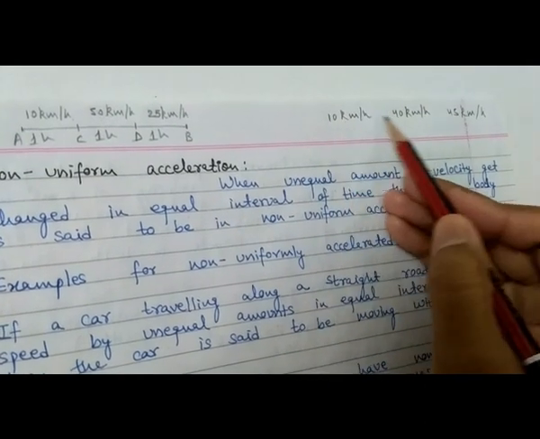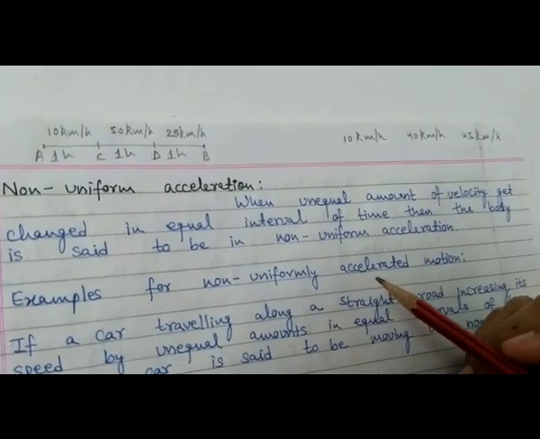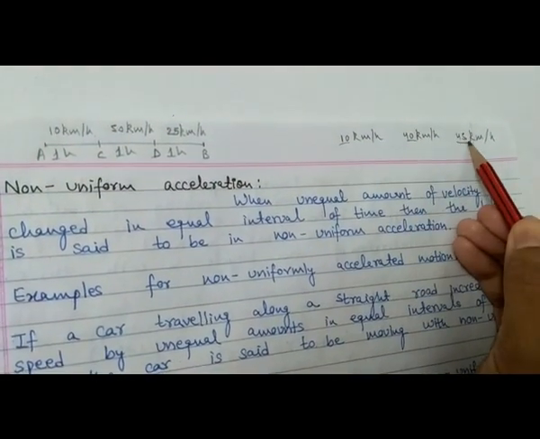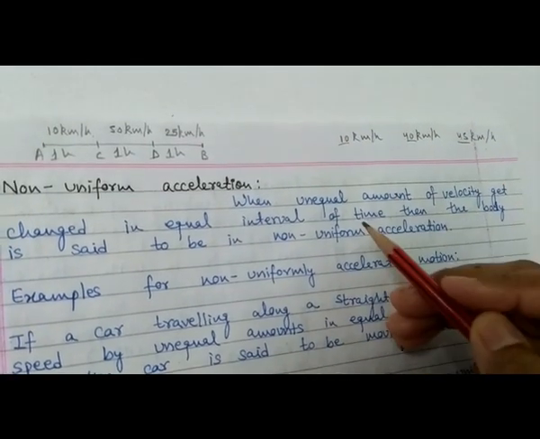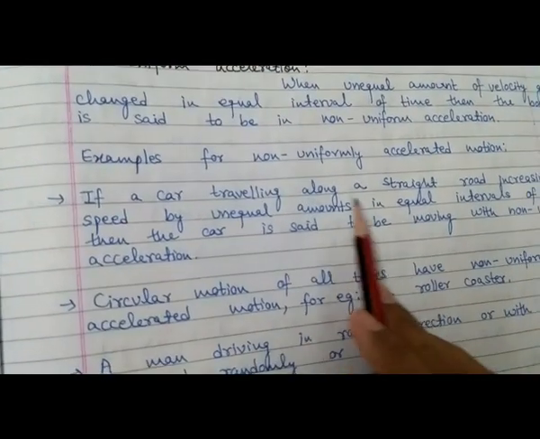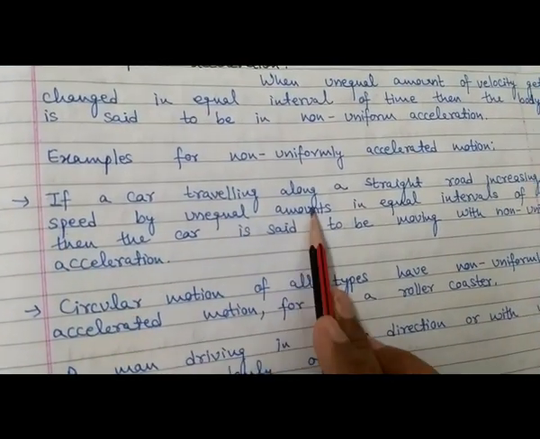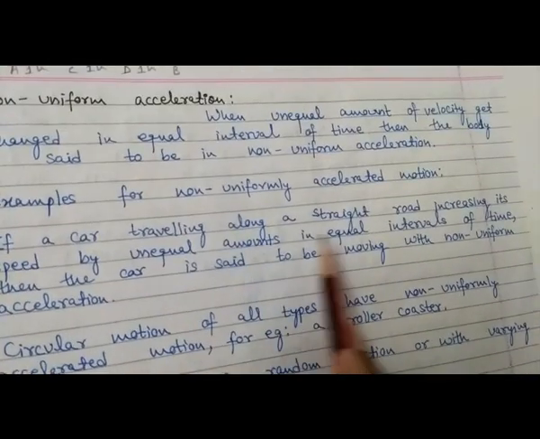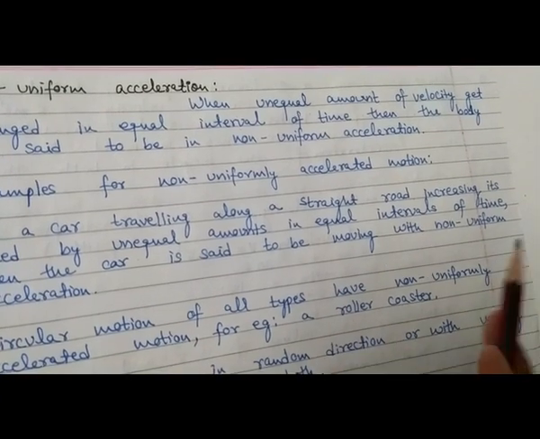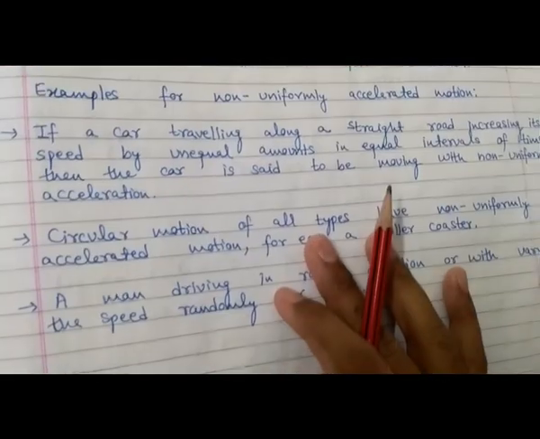Now see, every time there is an increase in the velocity of the car, right? But the amount of increment is not uniform, isn't it? So if a car traveling along a straight road increases its speed by unequal amounts in equal interval of time, then the car is said to be moving with a non-uniform acceleration.